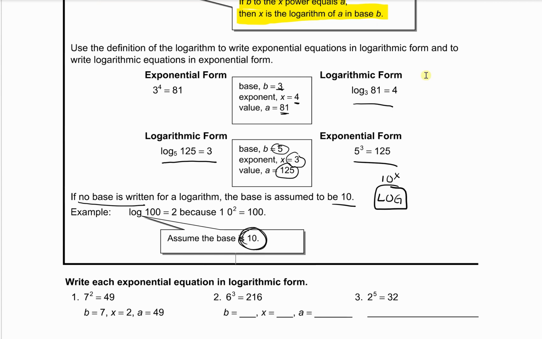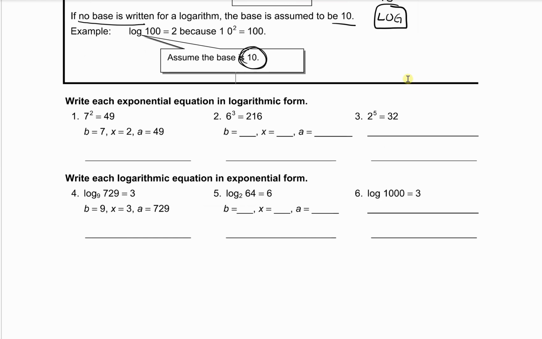So let's work out a couple examples to see what we're talking about. Here I have 7 squared equals 49. My base is 7, my exponent is 2, and my value is 49. So if I want to rewrite this as a log, I'm going to say log base 7 of 49 equals 2.